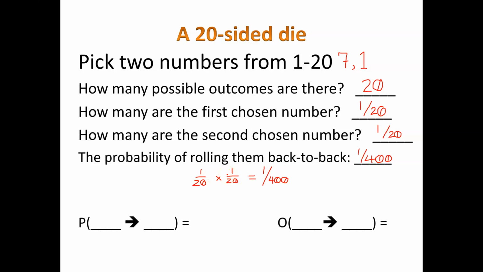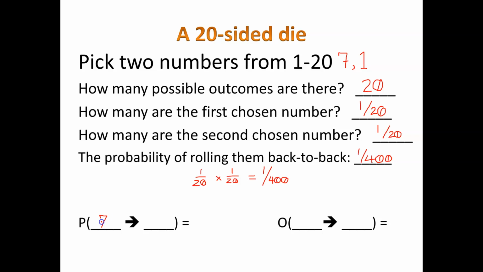Okay. Now, typically, I'm not going to write out the problems in sentences like this. I'm going to put them into this format. Remember, the P stands for probability, so our answer is going to be a fraction. We're going to put the first thing that we want to happen first. So the first thing we want to happen is to roll a 7.